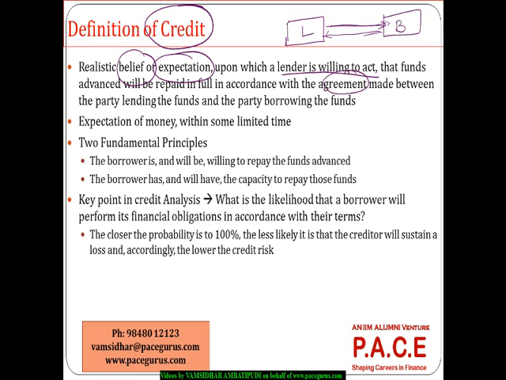So it's a transaction in which one party is giving funds to the other party under a very realistic expectation that the person who has taken the funds is going to repay them at a future date in accordance with the terms and conditions that they have mentioned as a part of their agreement. That is what we are typically calling credit.